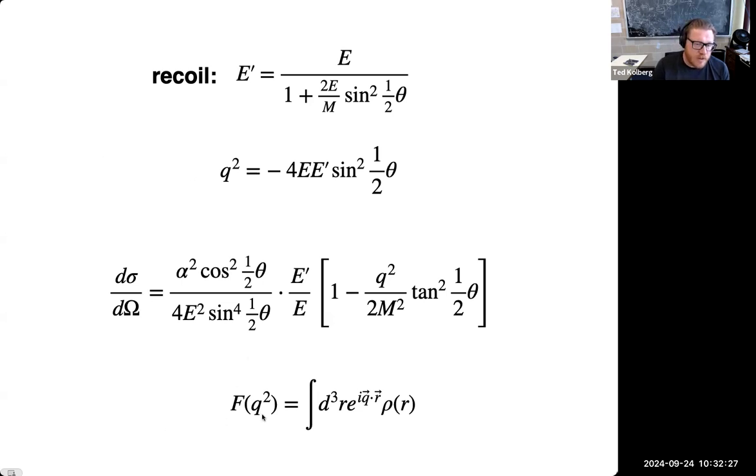I guess that's why they use capital F, F for form factor. And this form factor is a function of the momentum transfer. It basically describes the interaction of a point-like particle with a spatial charge density, which is a function of the location in space. That's this rho of r.